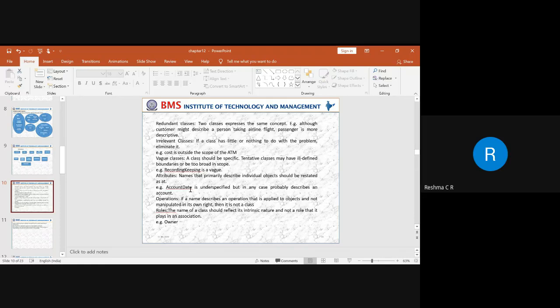So next thing is operation. When we consider a class static model, we have a name of a class, attribute, and an operation. The operation cannot be a name of a class. It describes what are the different operations that have to be applied on a particular object.